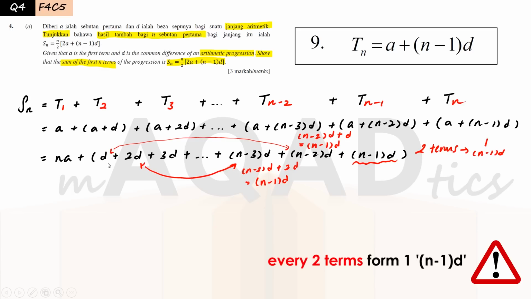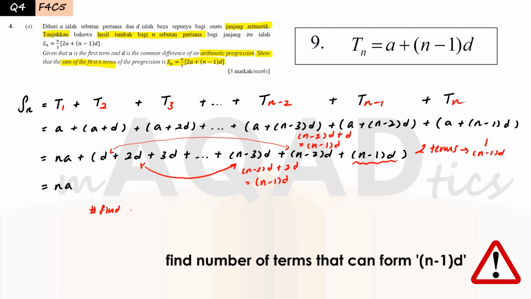To simplify this part, what we are going to do is find the number of terms that has n minus 1 times d.